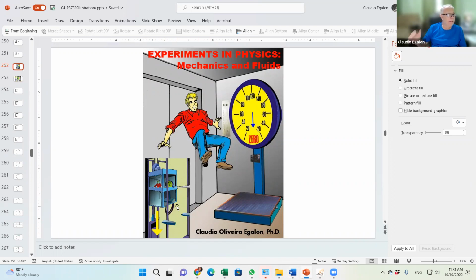An elevator whose cable broke and the elevator starts falling. Free fall. When you have a situation like that, the weight of this guy becomes 0, okay? The elevator is accelerated downwards at 10 meters per second square, and you feel weightless.